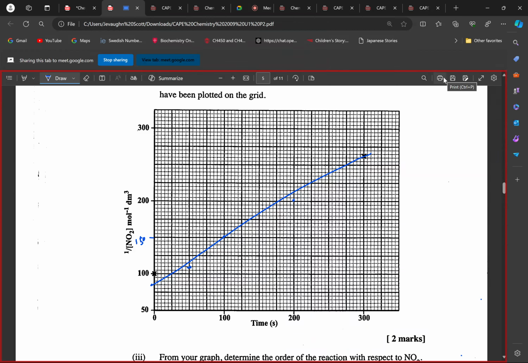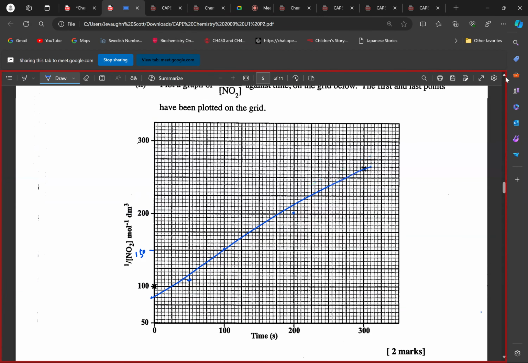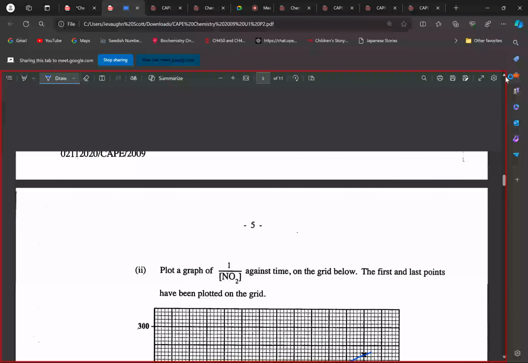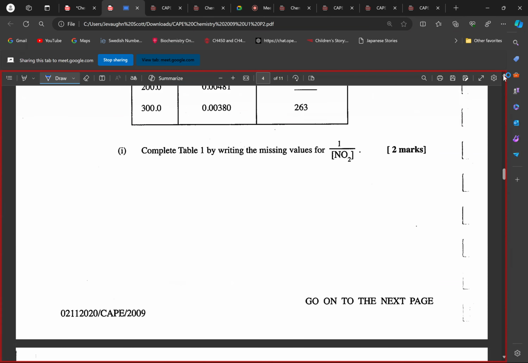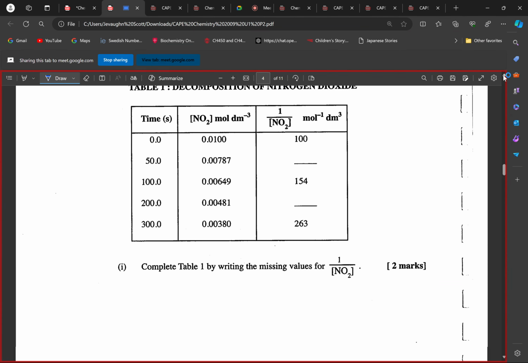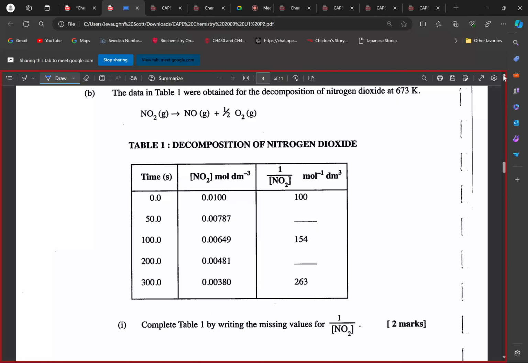So would it be first order because it's constant? Not necessarily. Let's have a look at this reaction. Hold on. Let's check if it would be first order. So do we think it would be first order?